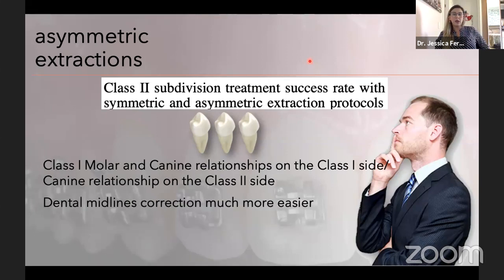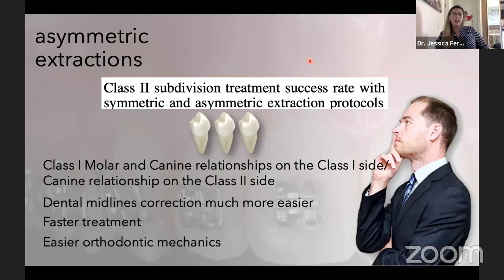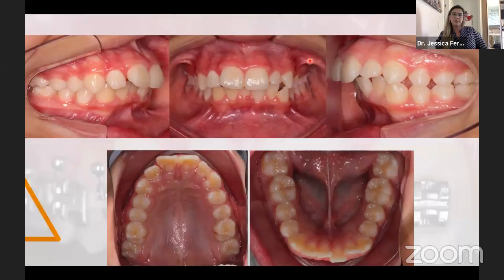Dental midline correction will happen much more easily, since when we are retracting and closing the extraction space, you are consequently correcting the dental midline deviation. Consequently, the treatment is faster, and the orthodontic mechanics easier, since you have less retraction. So that's what we thought for Lucas.